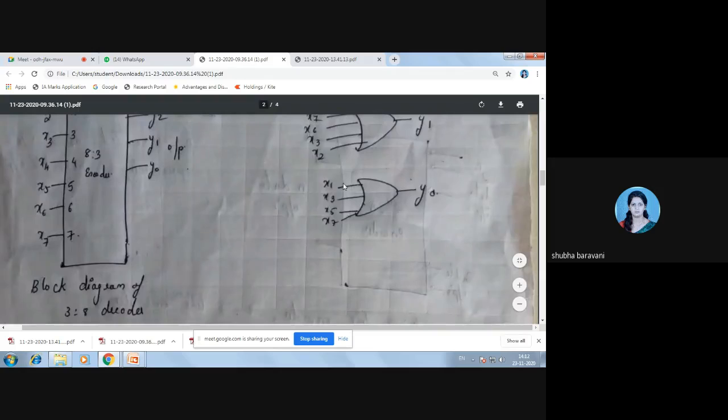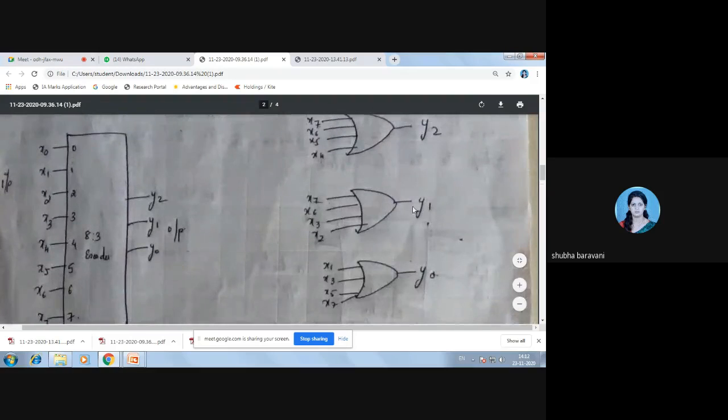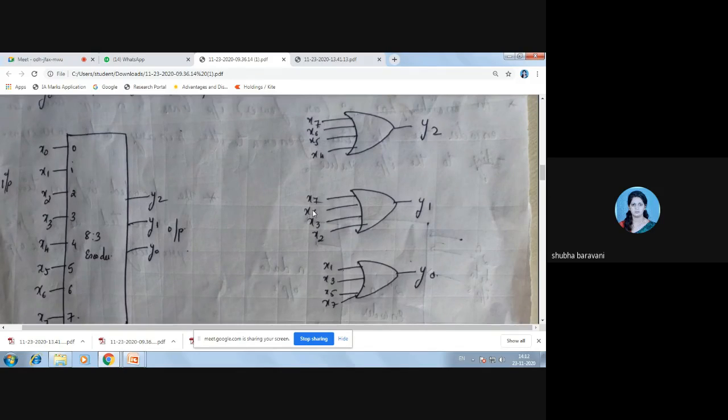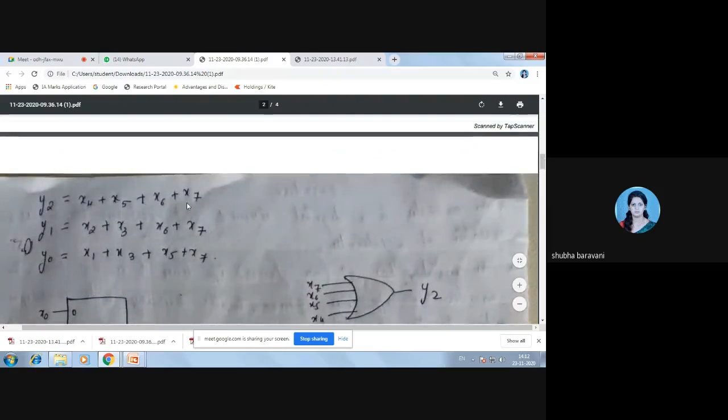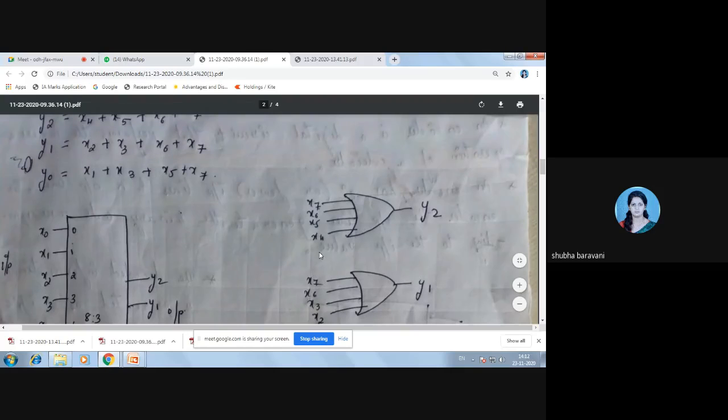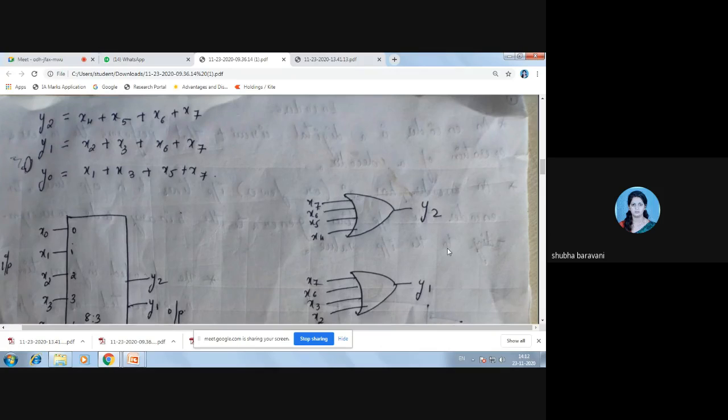So this is the gate which we use, and for y1 I get x7 + x6 + x3 + x2. Okay, then for y2 I get x4 + x5 + x6 + x7. So I get y2 here. Understood what the encoder is now? Sai Prakash? Yes, ma'am. Understood this? Yes, ma'am.